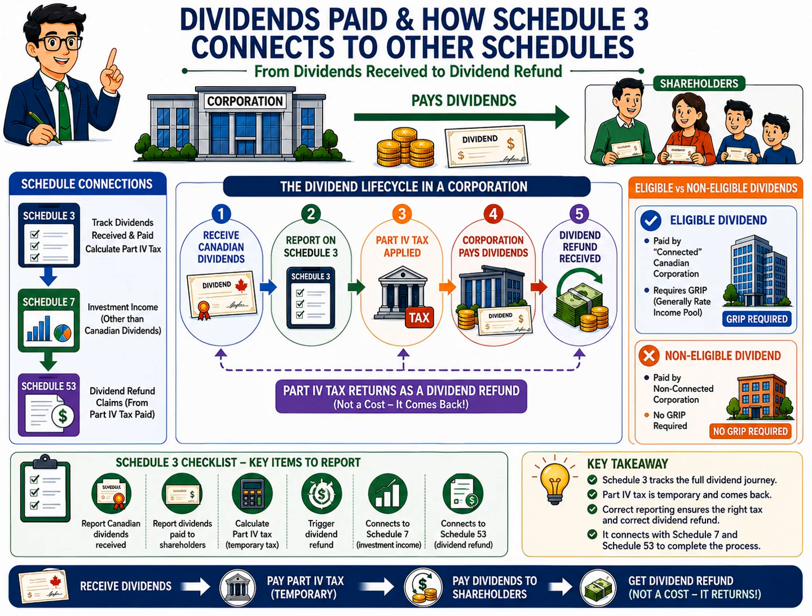The most important concept to remember is this. Schedule 3 follows the entire dividend lifecycle from receiving dividends, to calculating temporary Part 4 tax, to paying dividends, and finally to receiving the dividend refund. It is the central schedule for tracking corporate dividend transactions within the T2 tax return.